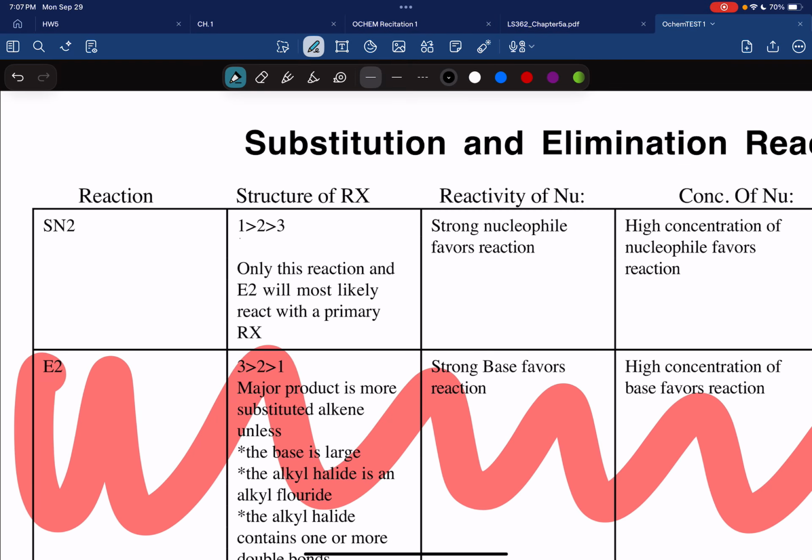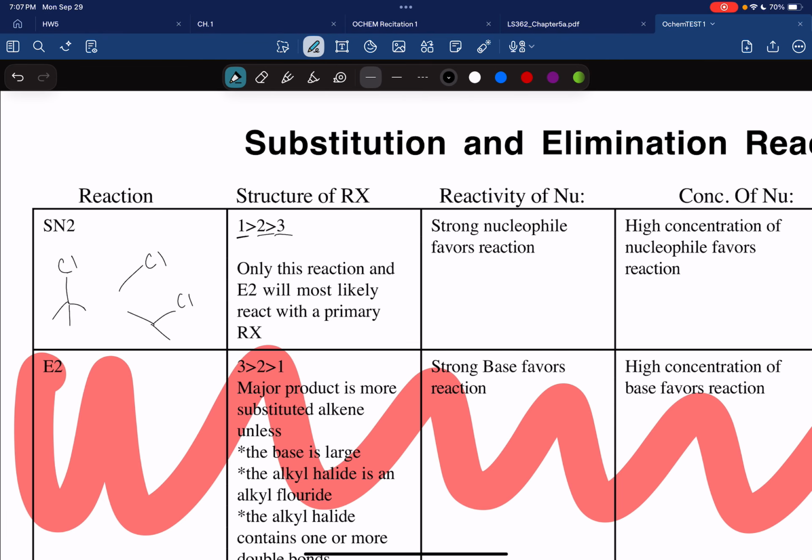As you can see right here, a primary alkyl halide, which is like this, will be favored over a secondary, which is like this, over a tertiary. Oh, that's a secondary, that's primary, and that's a tertiary.